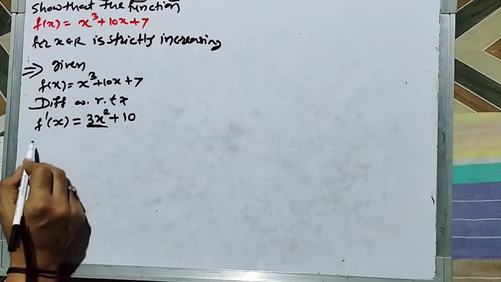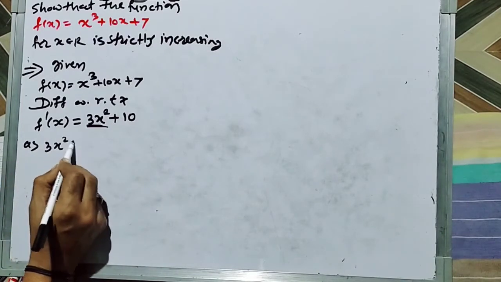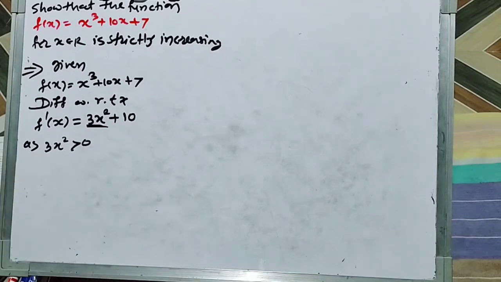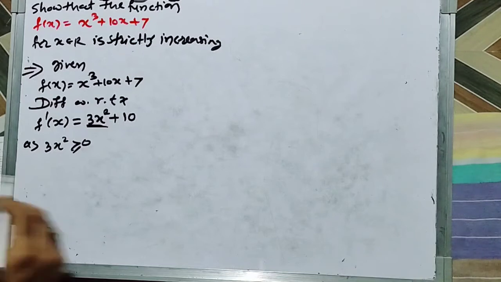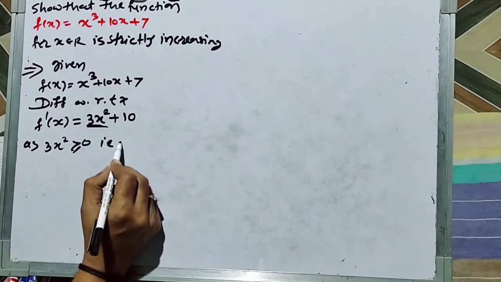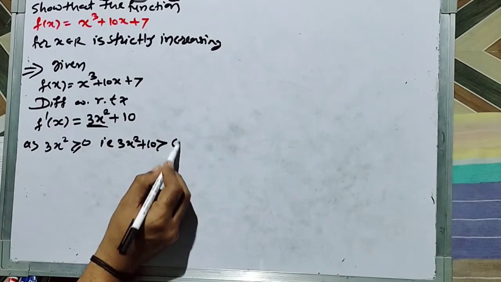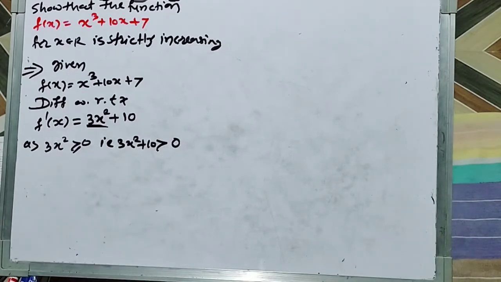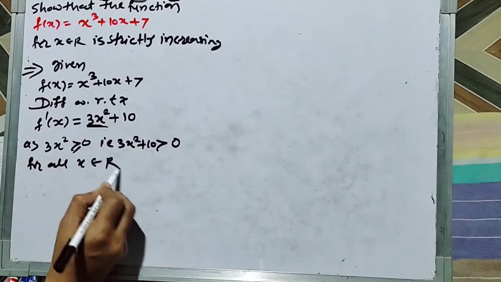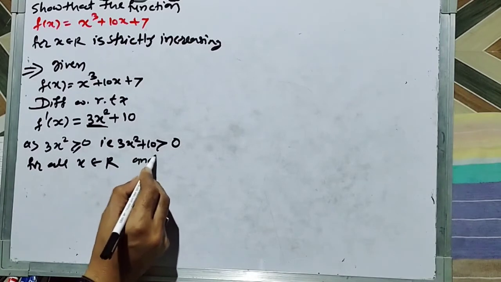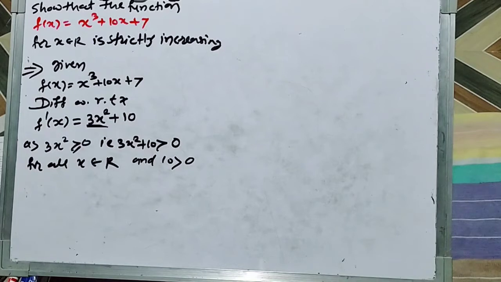Now 3x square is always greater than or equal to 0, that is, 3x square plus 10 is greater than 0 for all x belonging to the set of real numbers, and 10 is greater than 0.